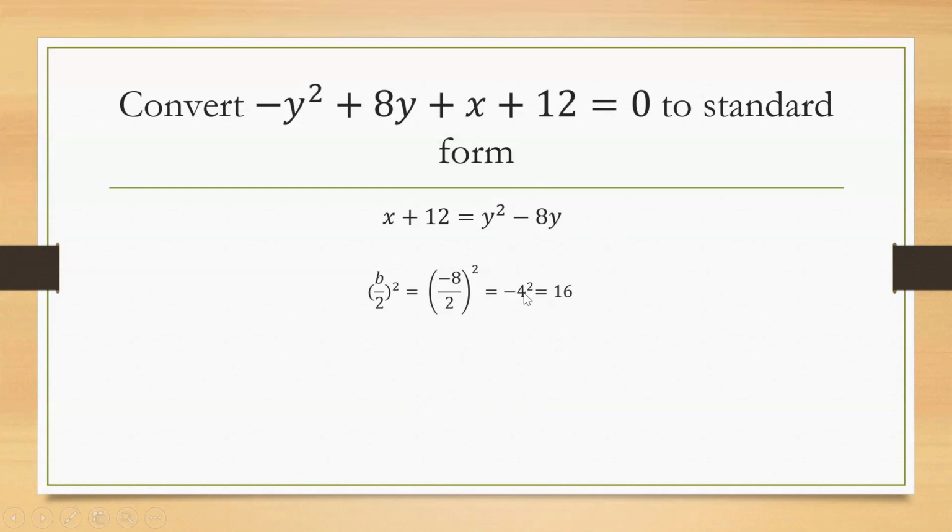And then we square that to get 16. So we add 16 to both sides. Whatever we add here, we also add here. So that will give us x plus 28 equals y minus 4 squared.